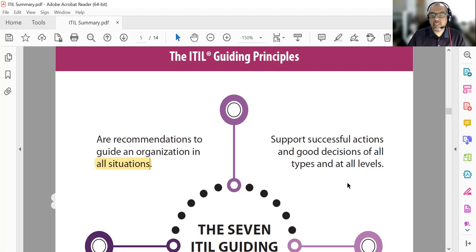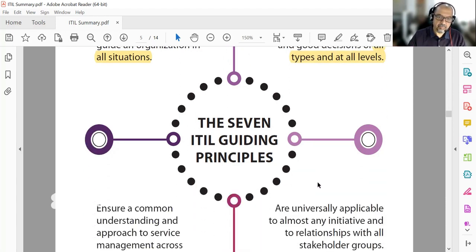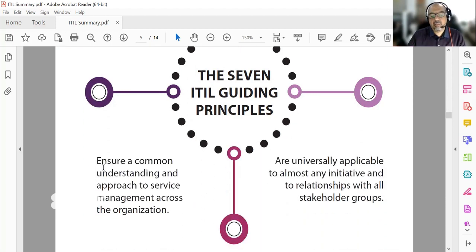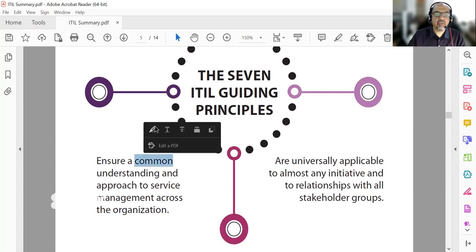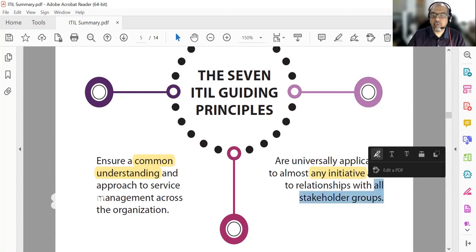They support successful actions and good decisions of all types at all levels. They ensure a common understanding and approach to service management across the organization. So here we have common understanding. They are universally applicable to almost any initiative, any project, any improvement, and to relationships with all stakeholders or stakeholder groups.